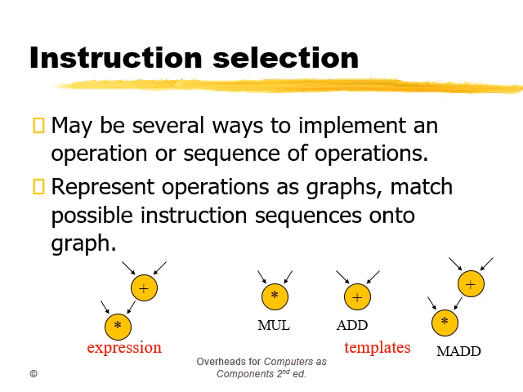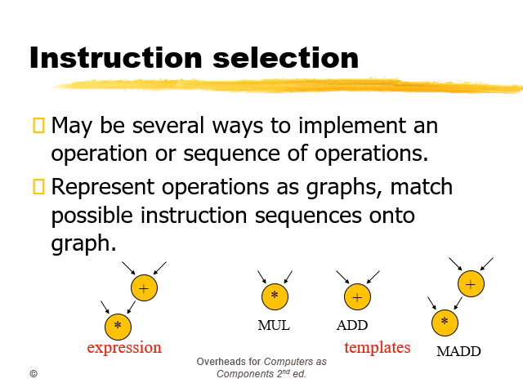So what we do, we basically use templates. We use built-in templates or template matching to use the same function to implement the task. We represent operations as graphs. As you can see here, we have an expression with plus and multiply.